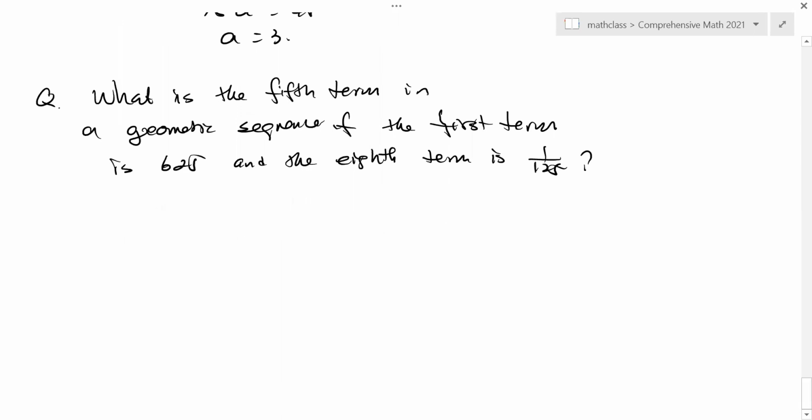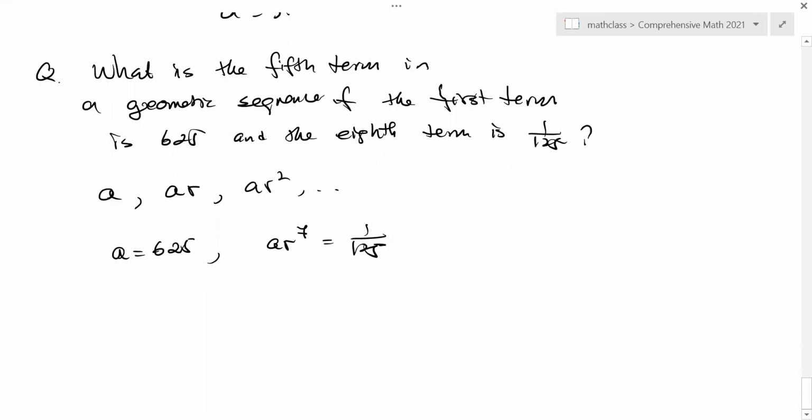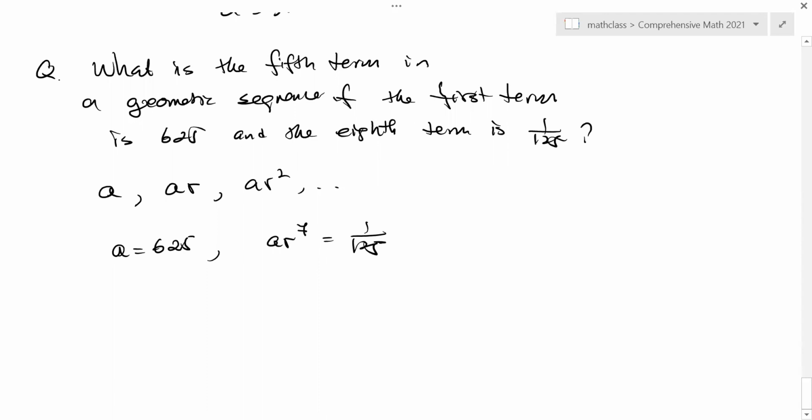Okay, so how do you solve this problem? Well, you write down the sequence. Now, by assumption, the first term is 625. The eighth term is written as A1 times r to the 7th. R cannot be negative.